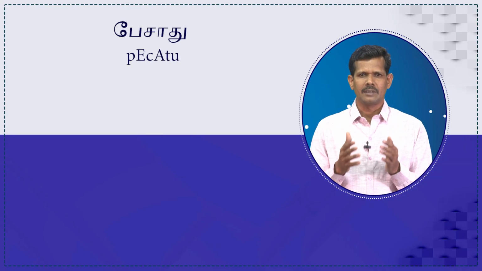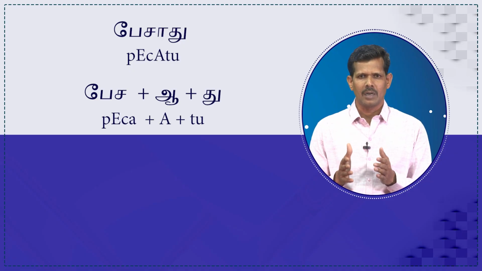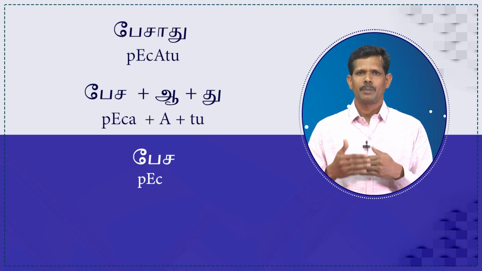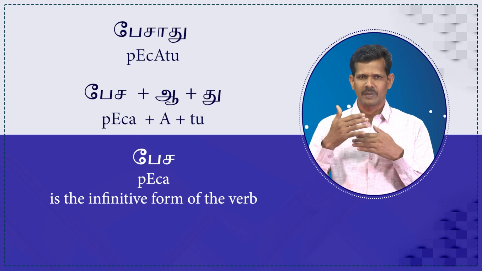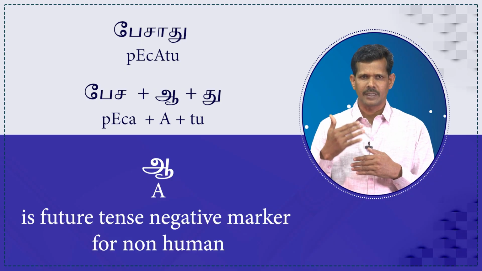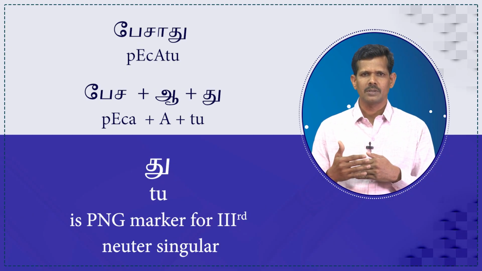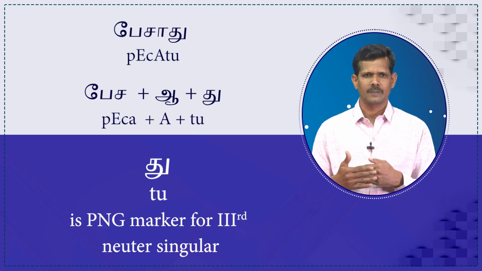The next example is pesadu. It is segmented as pesa plus a plus tu. Pesa is the infinitive form of the verb pesu. A is the future negative marker for non-human. Tu is the PNG marker for third person neuter singular.